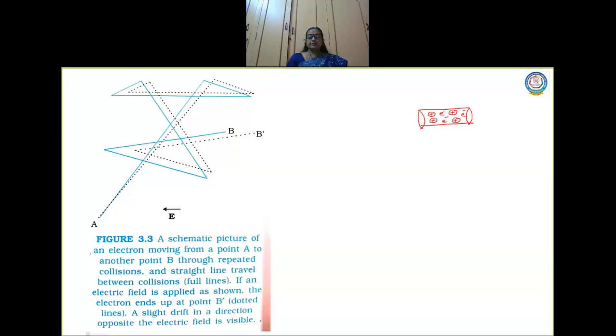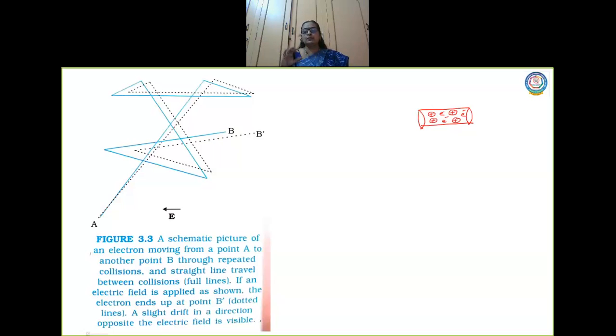So if there is no external field or if there is no energy that is given, now all the electrons, here I am talking about the electrons in the outermost shell. Those electrons are considered to be free electrons, and these free electrons are said to move randomly inside the conductor.